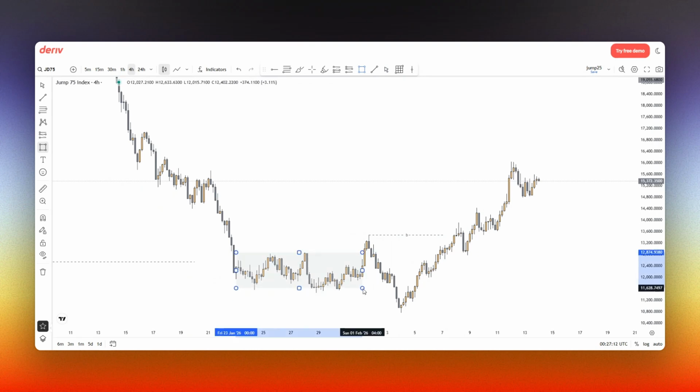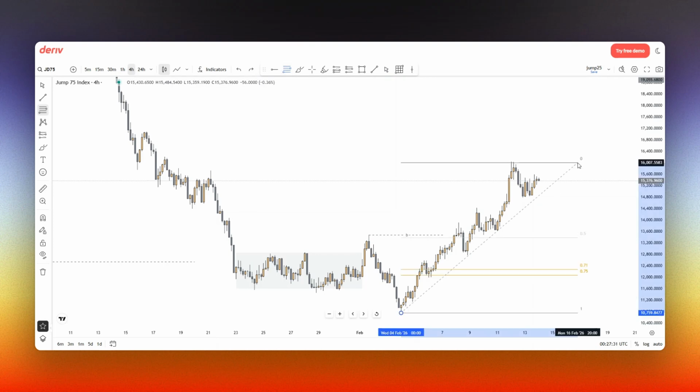This is a consolidation. So what I can see from this, as the market was moving towards the downside, this high got taken out. So there was a change of direction. So I can plot my Fibonacci from the lowest point towards the highest point.